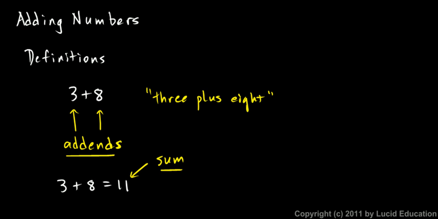So there are words like this, add-ins and sum, and things like that, that you need to know just to be able to read your math book or look something up. If you want to look something up online trying to find out something, you need to know the vocabulary of whatever it is that you're looking up, and math is no exception. So we'll go over the basic terms as we go along the way.